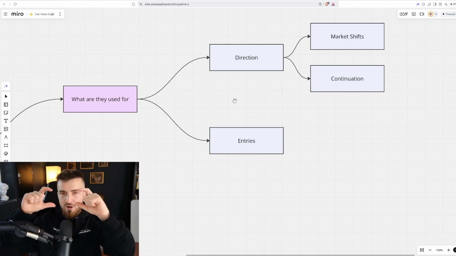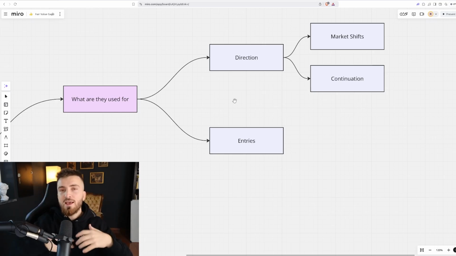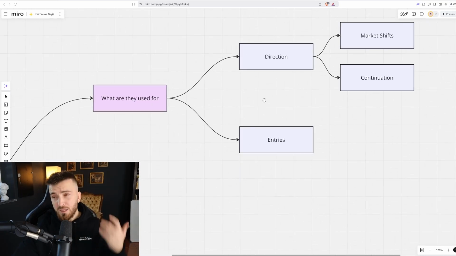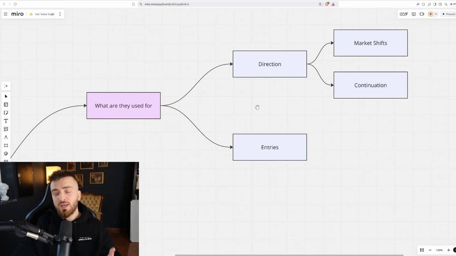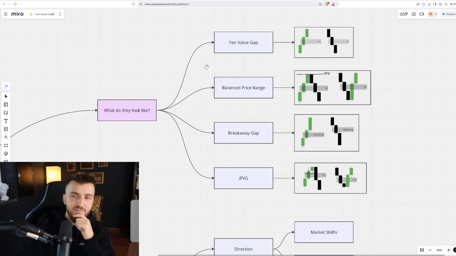So fair value gaps hold a very strong place in the market that allows us to analyze the market very nicely and have good reaction points. Keep in mind that fair value gaps are also one of the most important concepts for understanding the daily bias, for understanding where the market is heading. So once again, direction.